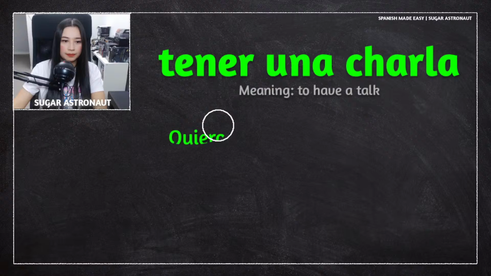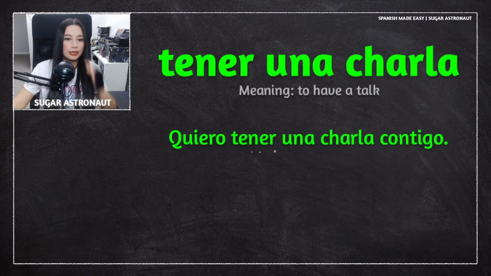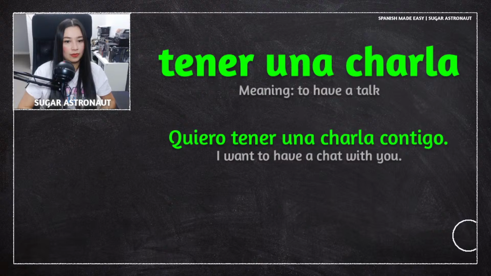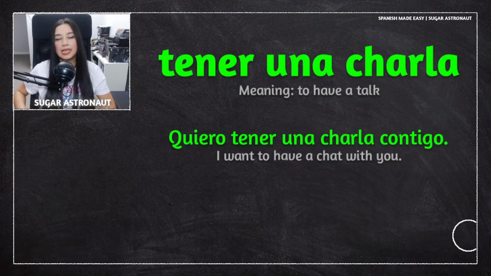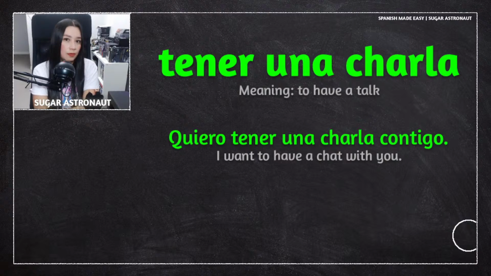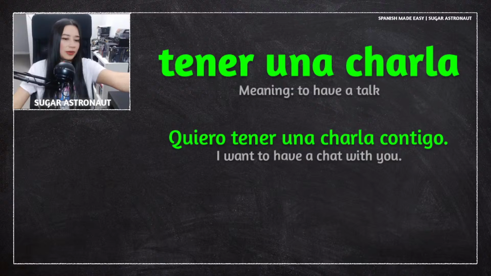For example, quiero tener una charla contigo. This means I want to have a chat with you. Okay, someone wants to chat with you. Tener una charla is an informal phrase, you know. You can use this in informal situations, and it's just to have a chat.